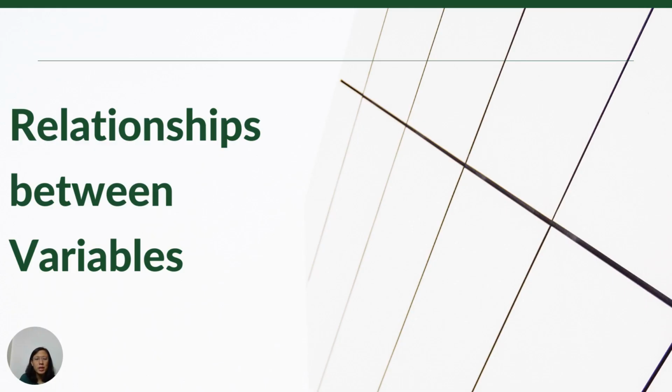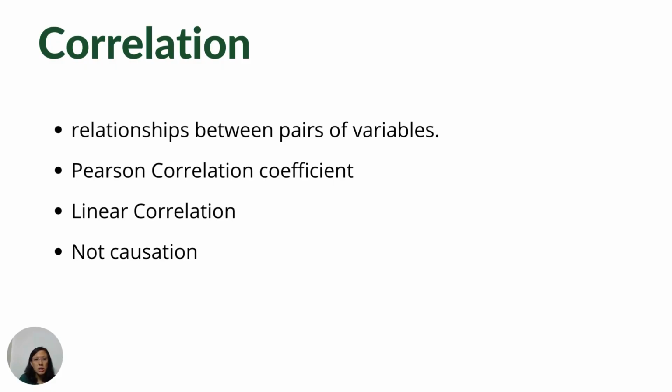Next, we will study the relationships between variables. When we talk about the relationships between variables, we see how pairs of variables, one or two variables, are correlated. When we talk about correlation in Python, we are referring to the Pearson correlation coefficient.